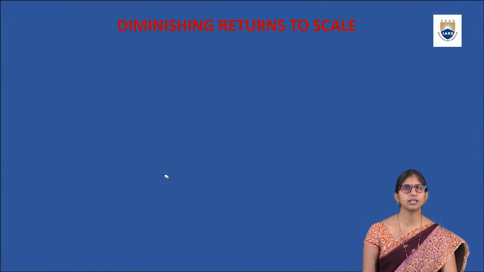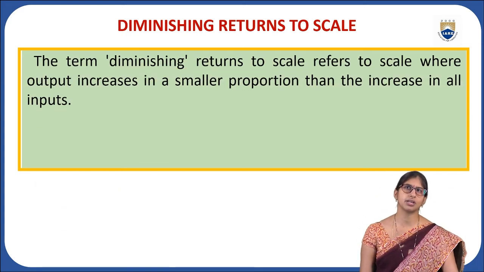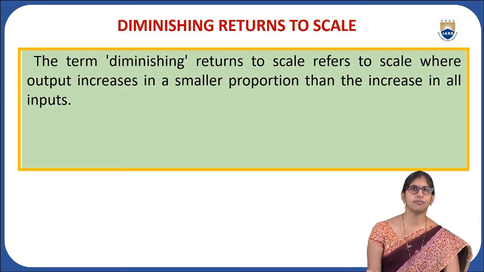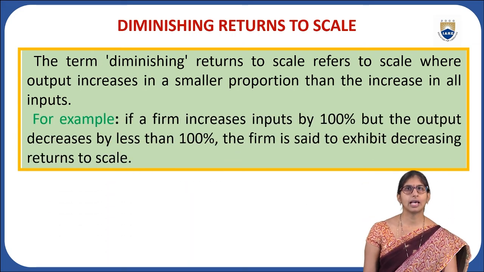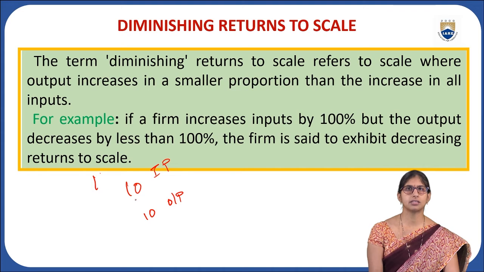Now coming to diminishing returns to scale. The term diminishing itself says decreasing. We are giving more input, but we are getting less output. With the same example, when we give 10 units of inputs, we get 10 units of output. Now we increase the inputs to 20 units, but we get only 15 units of output.